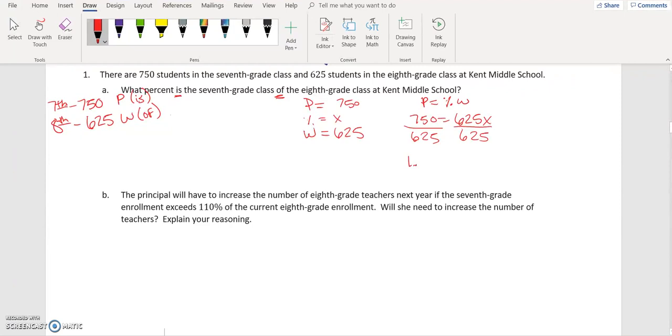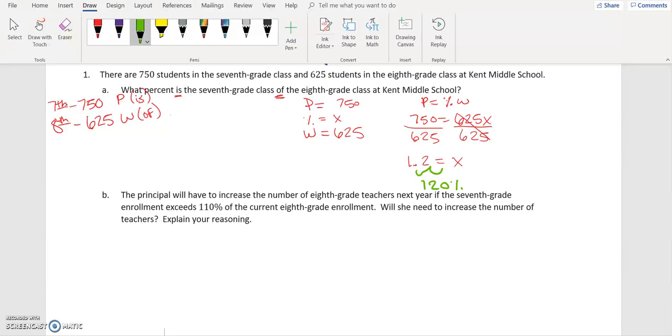So we have 1.2 is equal to x, because 625 divided by 625 equals 1. Then we remember we're looking for a percent, so we need to move the decimal 2 places to the right, which gives me 120% is our answer there.